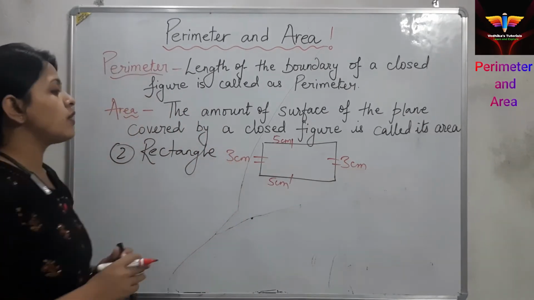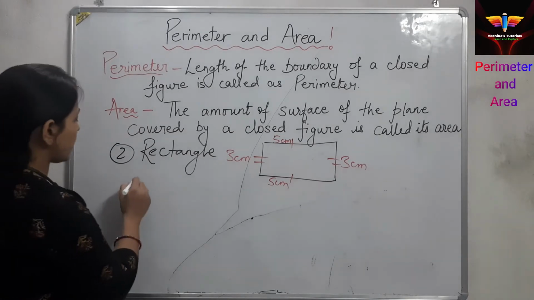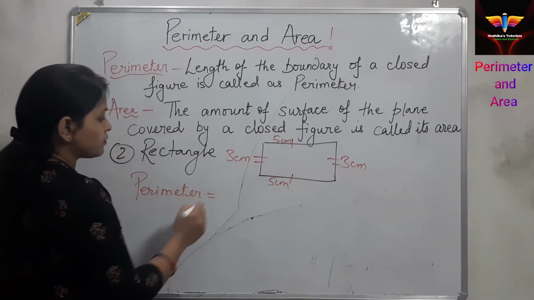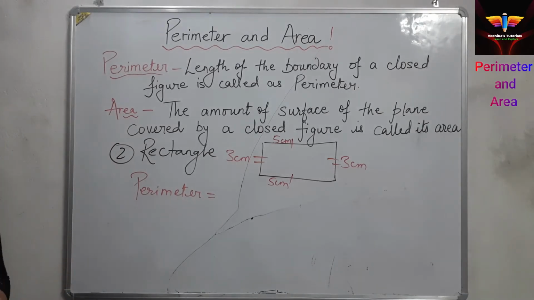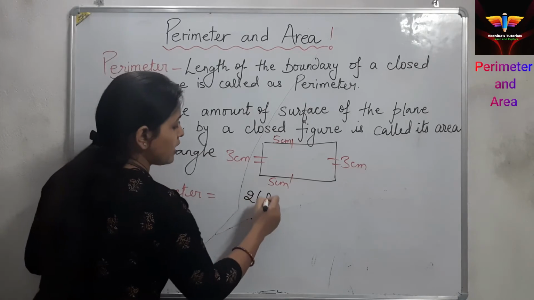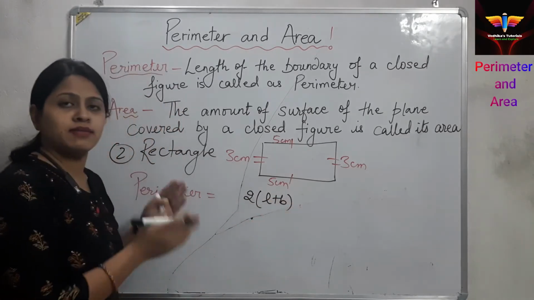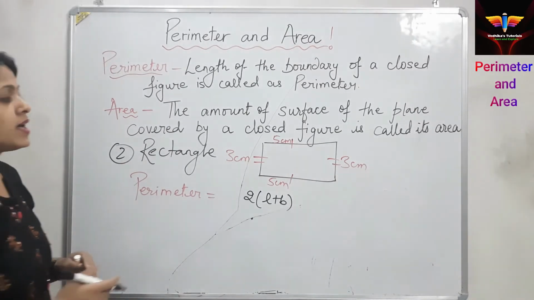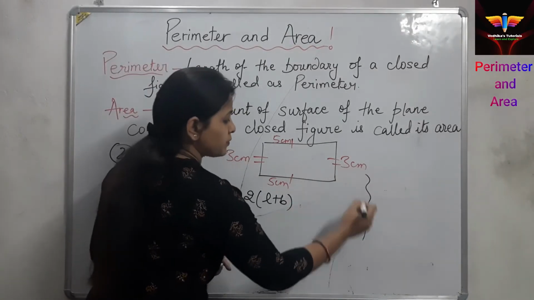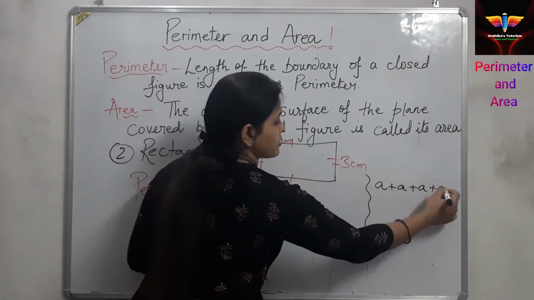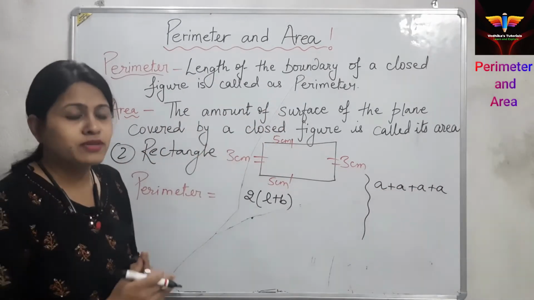Now here again the question is saying find the perimeter of the rectangle. So perimeter of rectangle is equal to what? Perimeter of rectangle is equal to 2 into (L plus B). As in a square we have written A plus A plus A plus A, because all the 4 sides are equal.